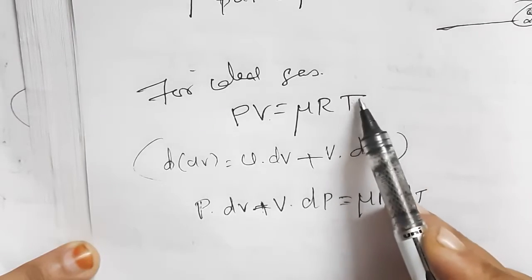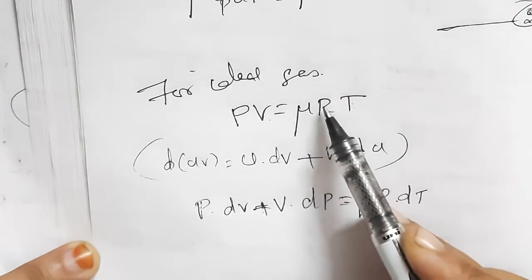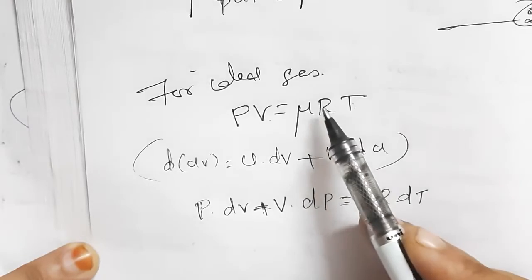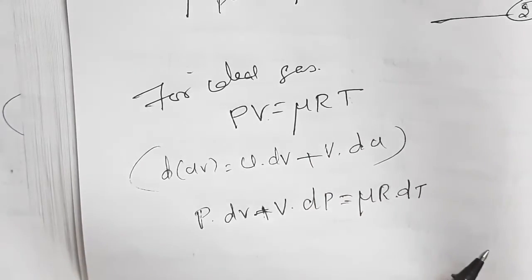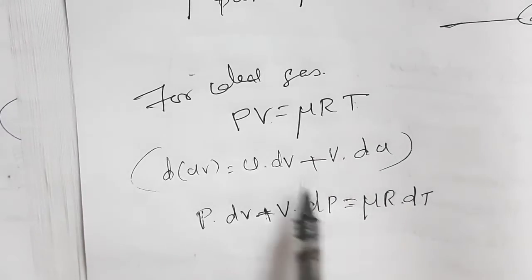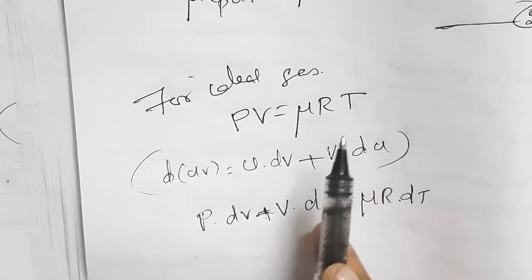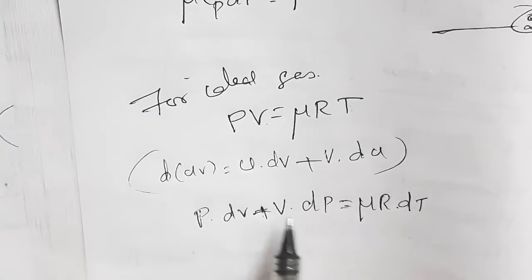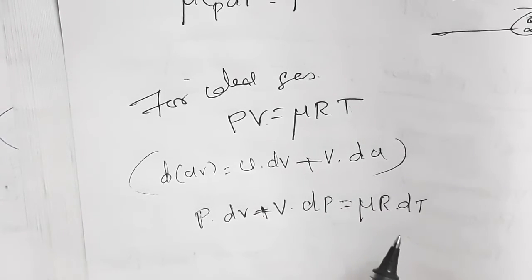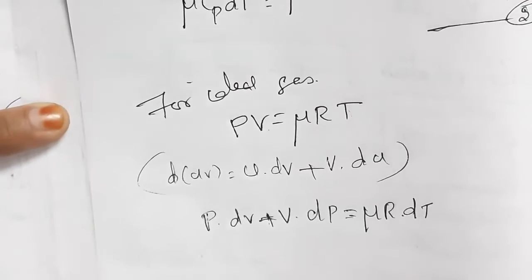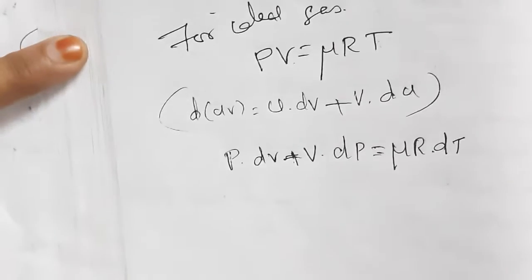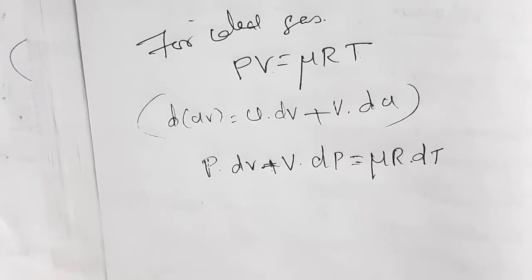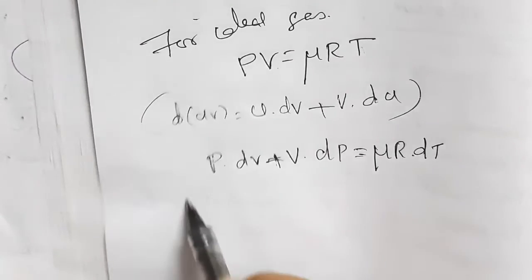If we take T as constant and differentiate it, it will be equal to 0, since the differentiation of a constant is 0. So PV equal to mu RT, when differentiated, gives P dV plus V dP is equal to mu R dT.